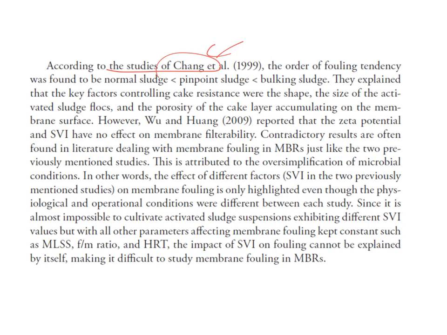His experiment was the comparison of fouling propensity for different microbial flocks, under the conditions of normal sludge, pinpoint sludge, and bulking sludge. Interestingly, bulking sludge has the worst permeability, while normal sludge has the best permeability, and pinpoint sludge has intermediate characteristics between normal sludge and bulking sludge.